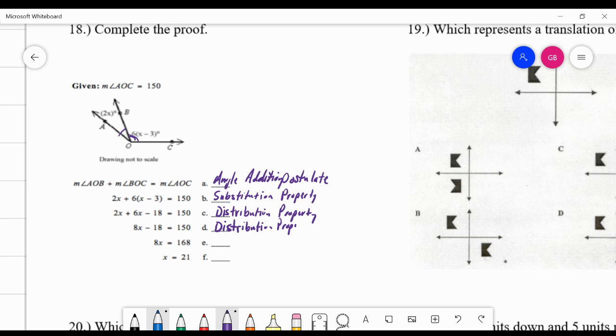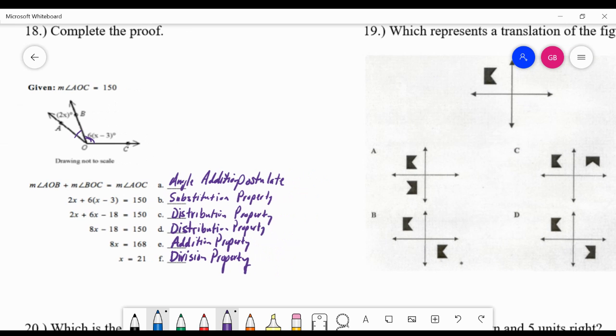It's not a problem. Okay, then we added 18 both sides, so addition. And then finally divide by 8, so division. Okay, that was 18.